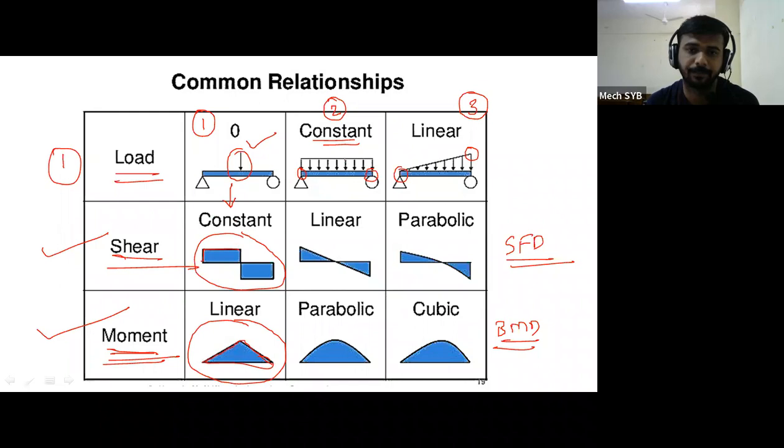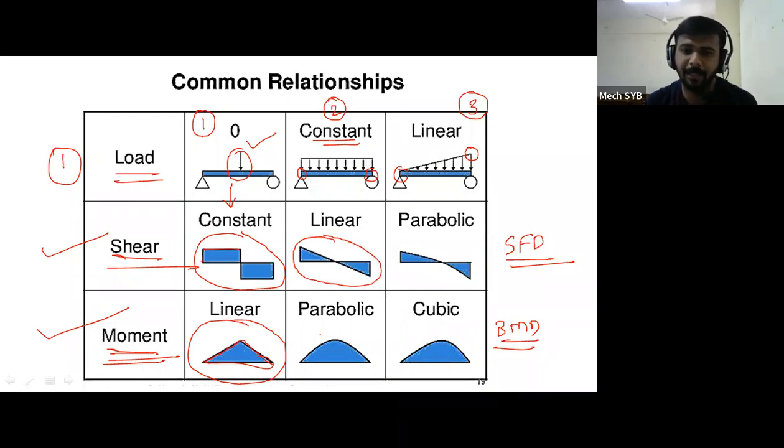Similarly, if there is a UDL, again by using the UDL we are doing the SF calculation and the BM calculation. But if UDL is there, its SF calculation can be represented by an inclined line, which is represented in the third column.